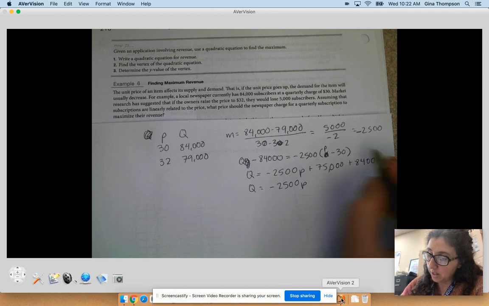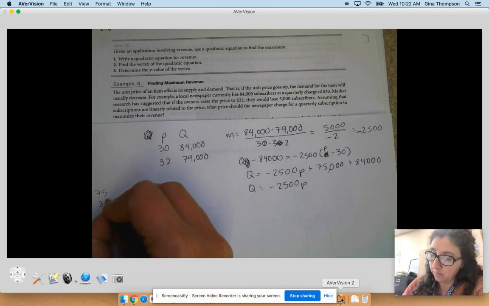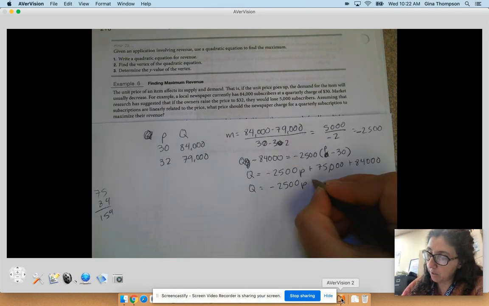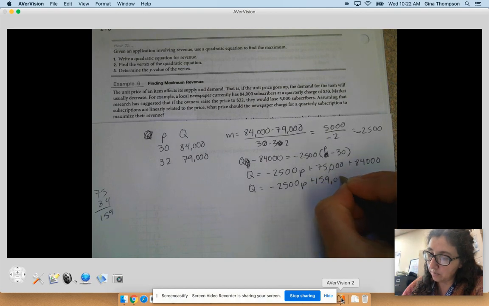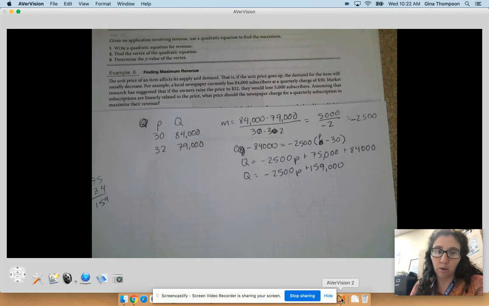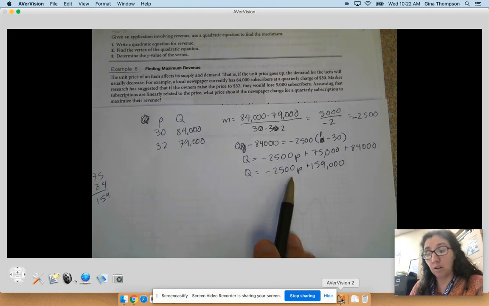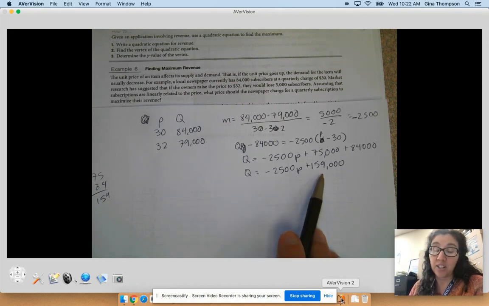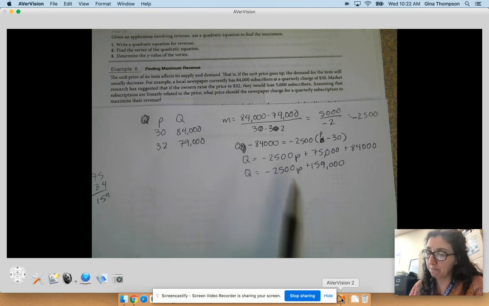What's 75 plus 84? 159. Okay, plus 159,000. Okay, so let's just interpret that real quick to practice. If the price was 0, the y-intercept would be 159,000, meaning there'd be 159,000 subscribers if they just gave it away for free. All right, I could kind of believe that.